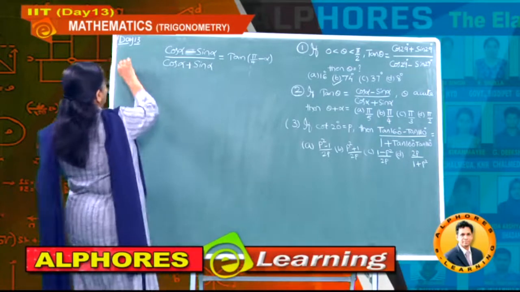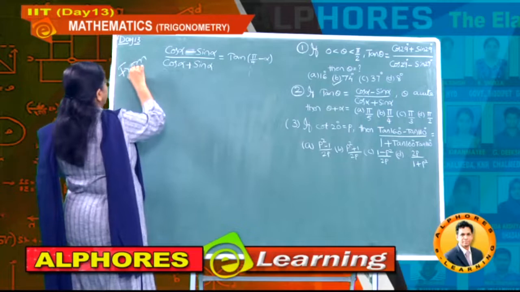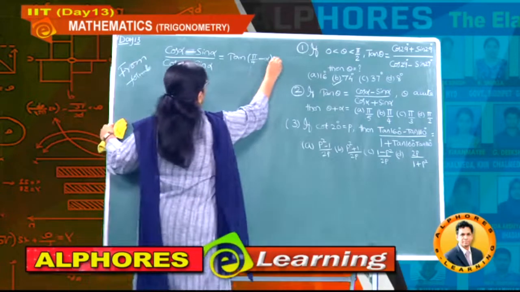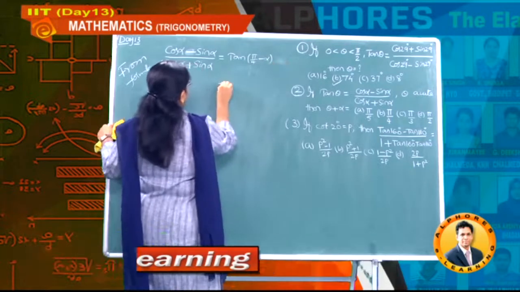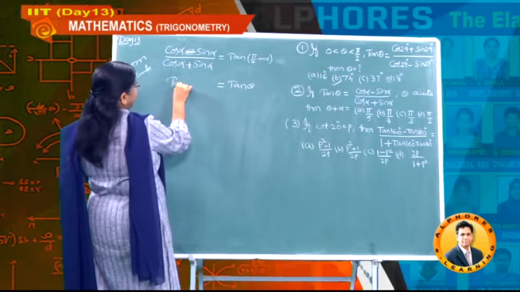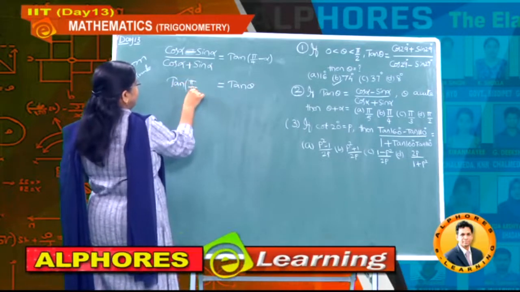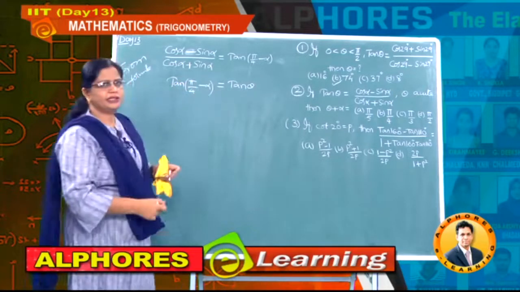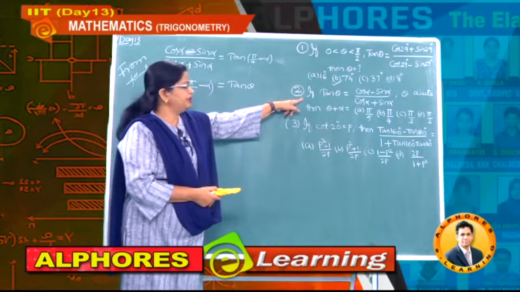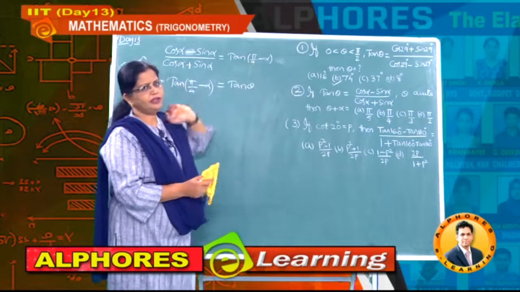So this is from the standard formula, and this value actually given in the data is equal to tan theta. Understand? So you got tan of (pi by 4 minus alpha) equal to how much, students? It is tan theta. This is the problem we are doing. So from this, tan theta is nothing but this value.